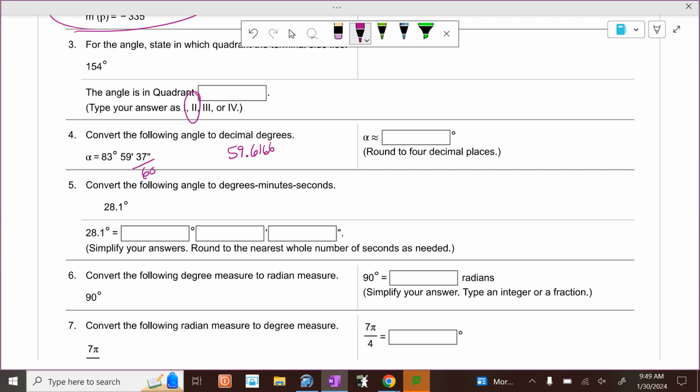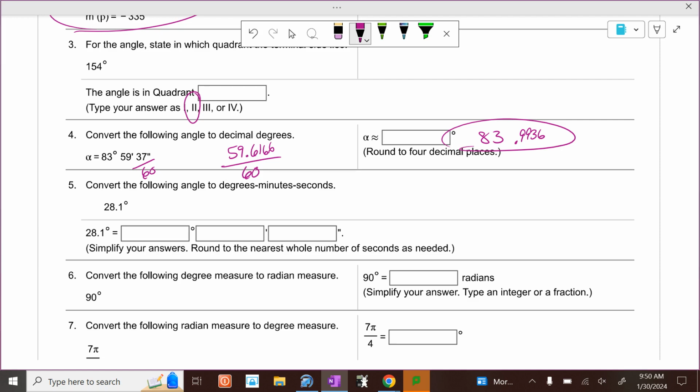And then you take the 59.6166 and divide it by 60, which is 0.99 what? 0.9936. So it's 83.9936 degrees. Okay? So you take your seconds, divide by 60, add it to the minutes. Take the minutes, divide by 60, add it to the degrees. And there you go.